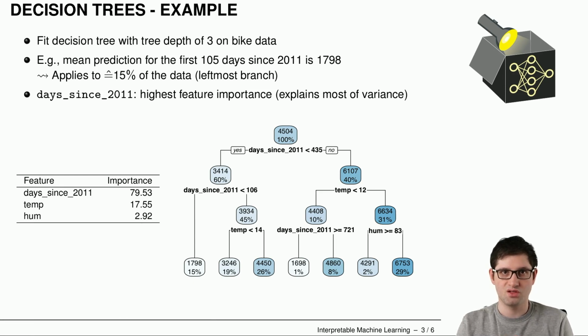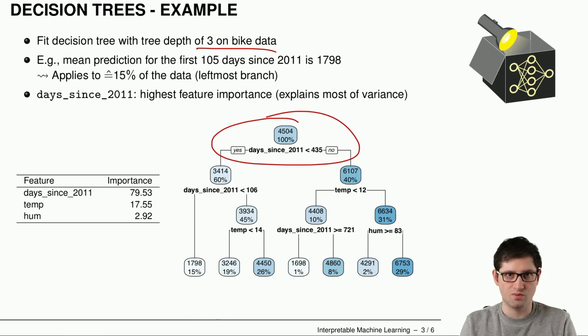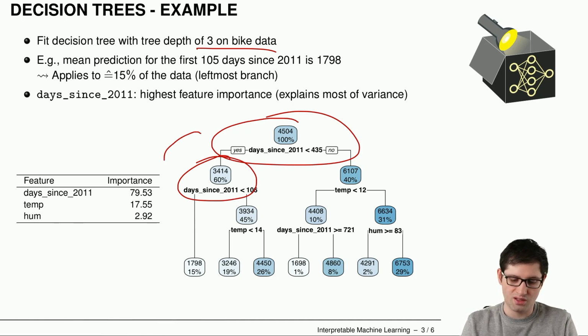Let's look at an example. Here we fitted a decision tree with depth of 3 to the bike sharing dataset. And we can see here, for example, that the first feature that was used for splitting was the days since 2011, in the left branch as well. So essentially we can measure the improvement in the split criterion from here to there.